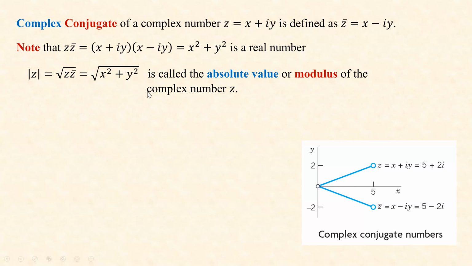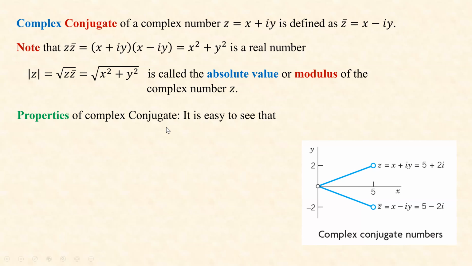That is called the absolute value, or modulus, of the complex number. So this complex conjugate, defined like that, is helpful in summarizing what this modulus is. It's just the square root of z times z bar.